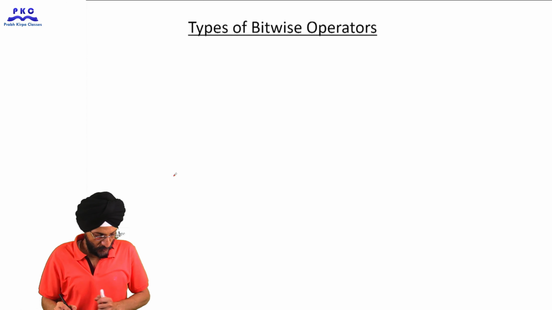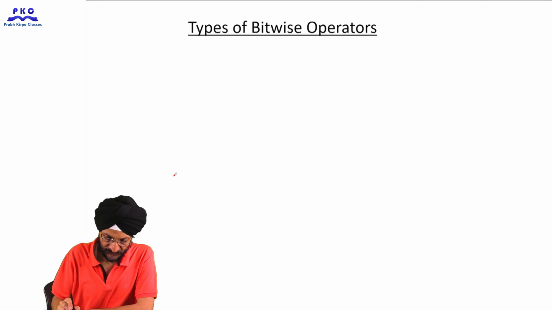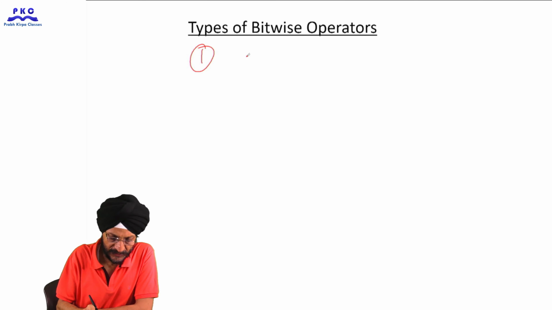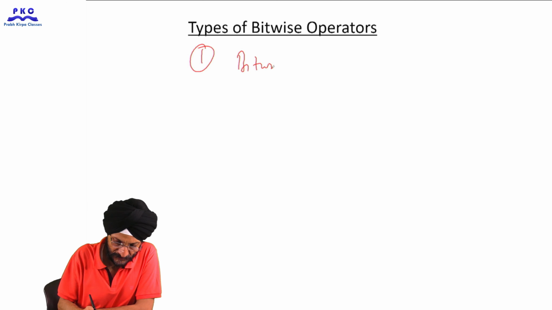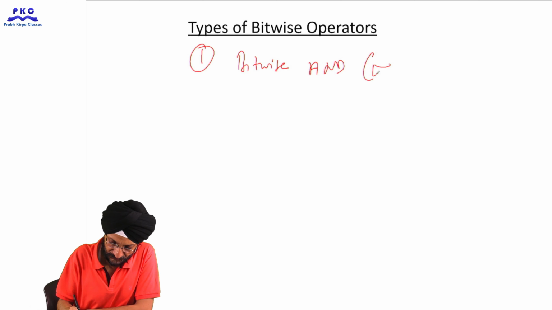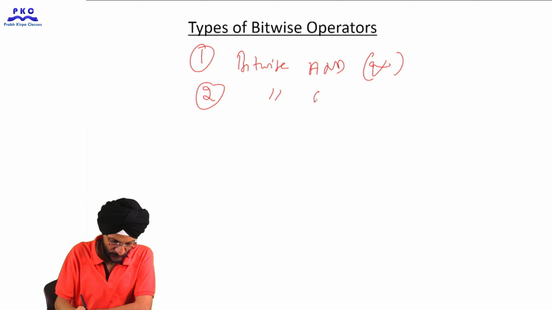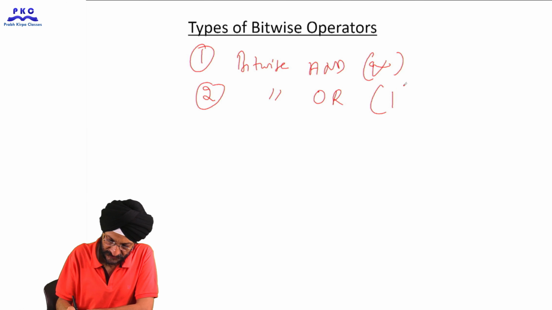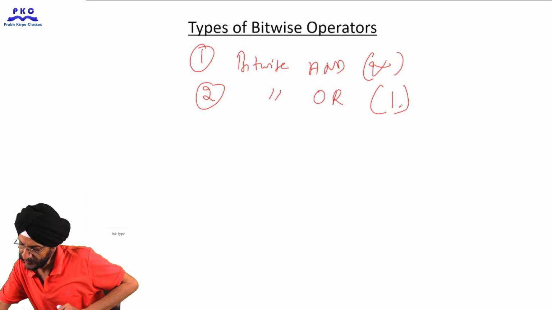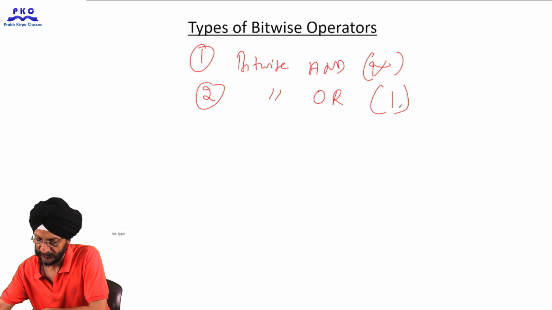Now we will understand the different types of bitwise operators. The first bitwise operator is bitwise AND, this is the symbol. Another is bitwise OR. Its symbol is this straight line which is given on the keyboard below backspace.